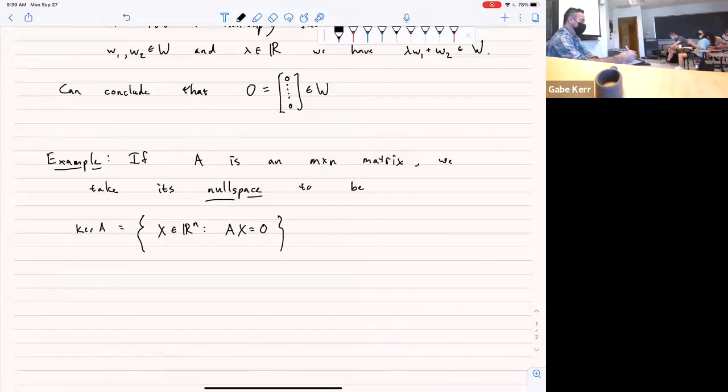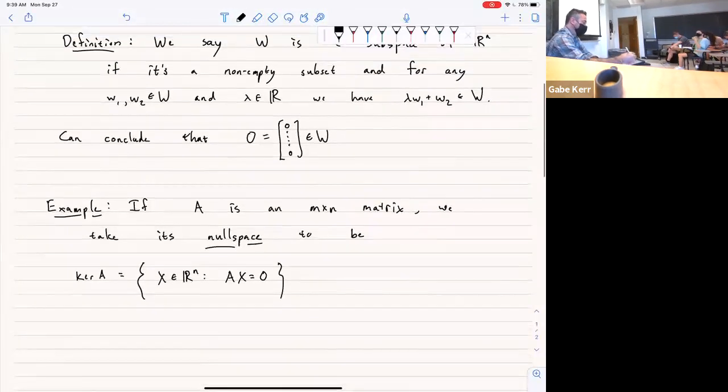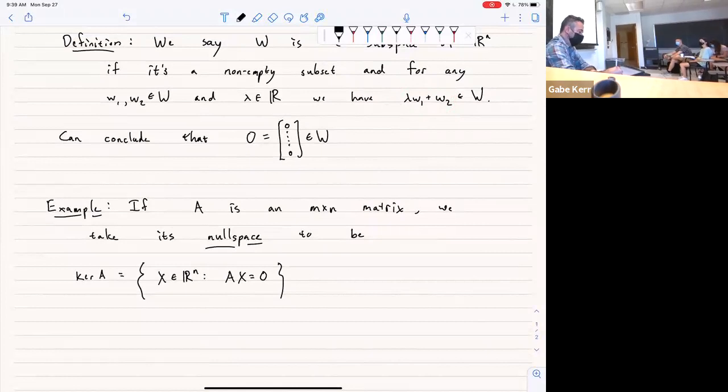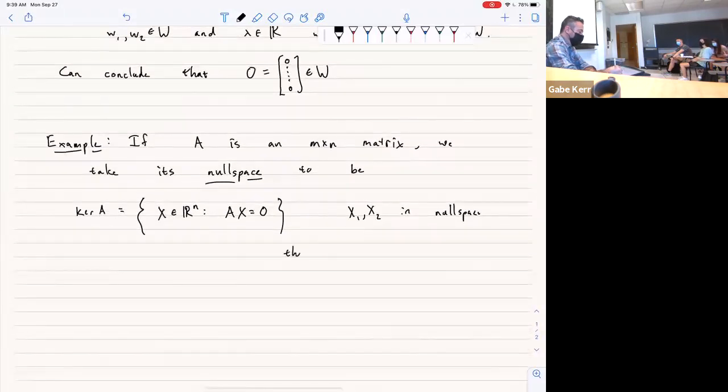And you can see that this does satisfy this property. Just verify: if I have x1, x2 in this null space, then I multiply A times lambda x1 plus x2.